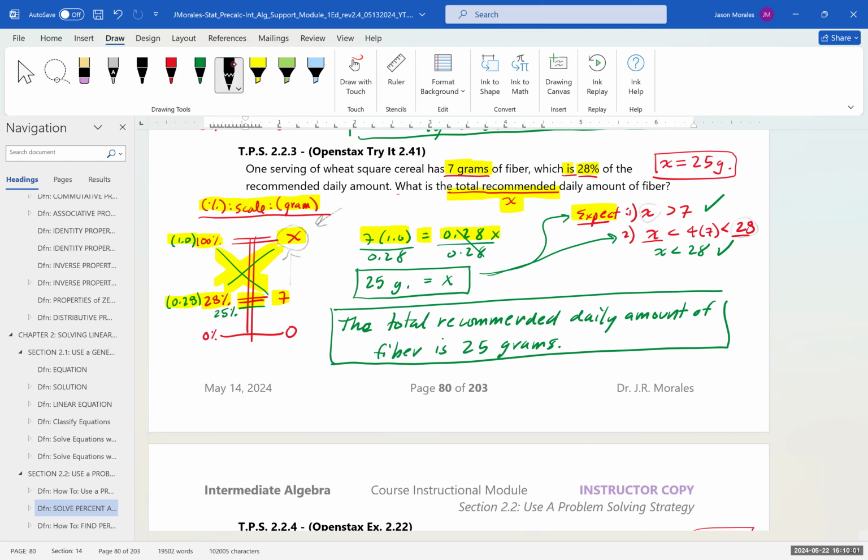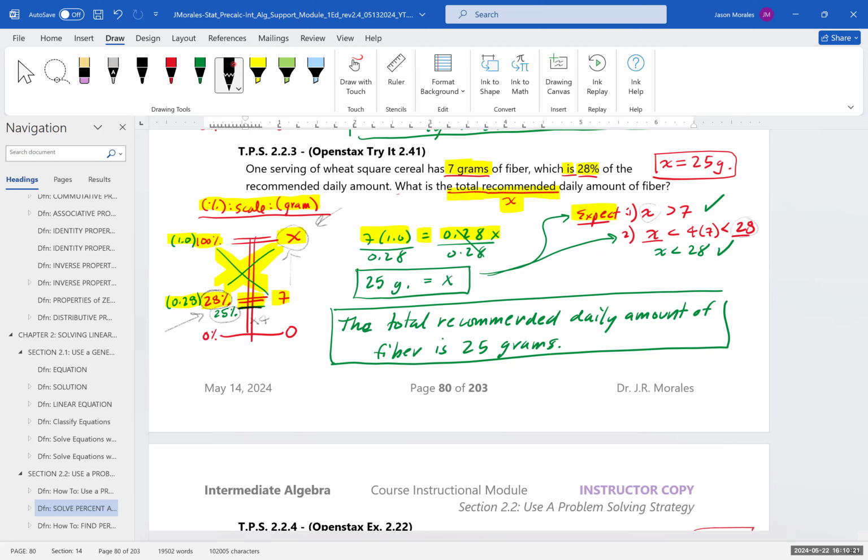So how did I get 28? If we look back on our scale here, we were given 28%. Well, 25% is just underneath that, and 4 times 25% gives you 100%.